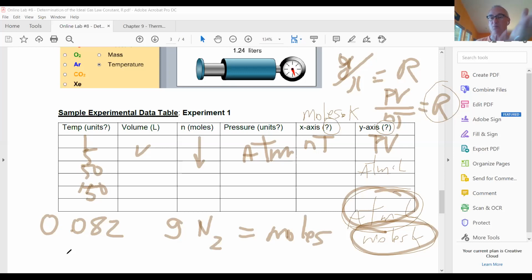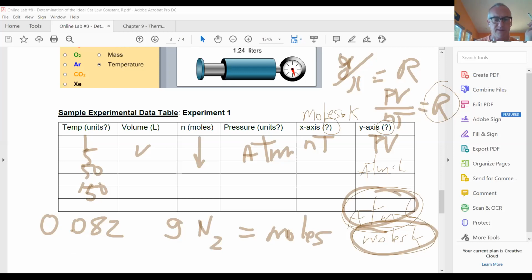What is your x-axis? Y-axis, well, what is that? I need to know what it is. So for your x-axis, you're going to have basically NT, and your y-axis is going to be PV. And then in brackets next to that, what are the units of that? Okay, so that when you show the plot, I'm going to know that the slope of that line is PV divided by NT.